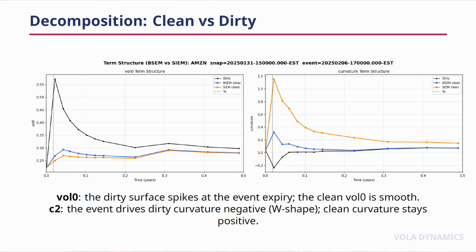When the parameters of the jumps are calibrated, you can choose for which expiry you want to match the shape. It could be one or more expiries that you want to use in your calibration. However, after you determine the parameters of the jumps on the event, and you calculate a clean volatility from the dirty volatility surface, you recover the term structure of all parameters for the clean process.